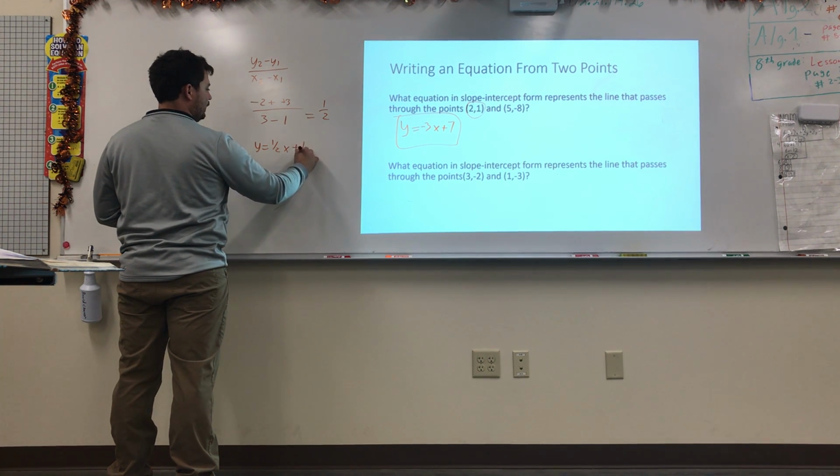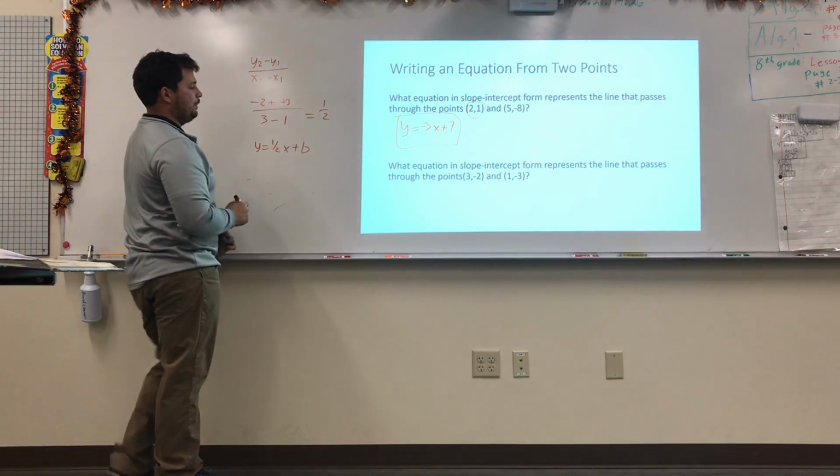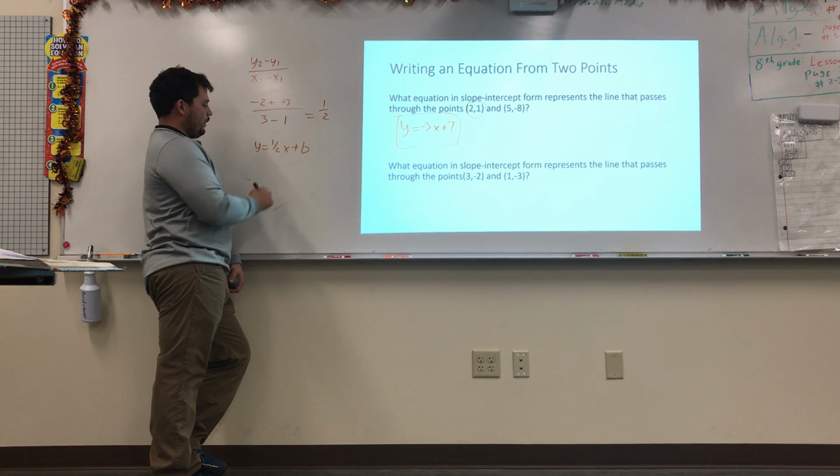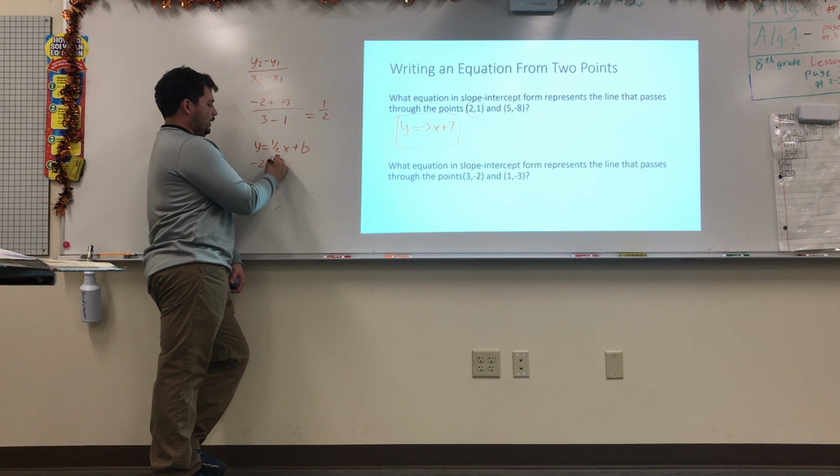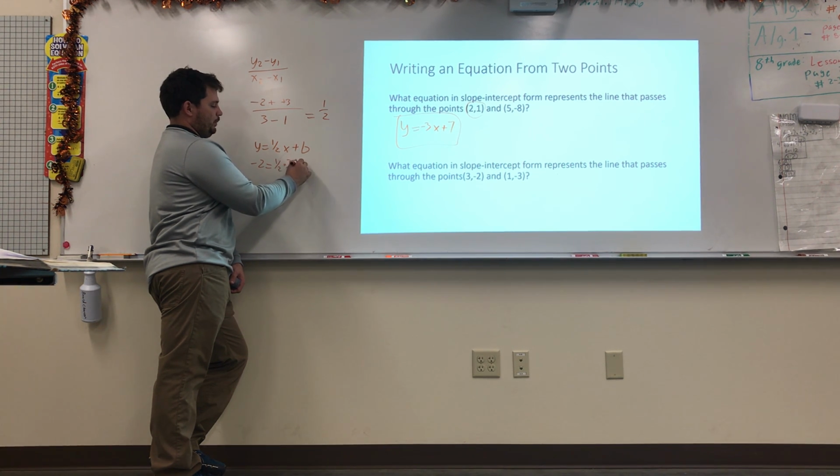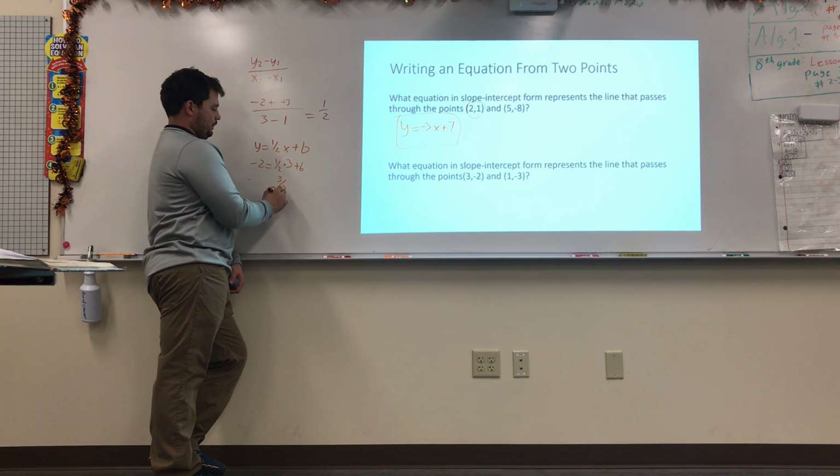plus b. Okay? We get negative 2 equals 1/2 times 3 plus b, which is going to end up 3/2. So we're going to have to subtract by that.